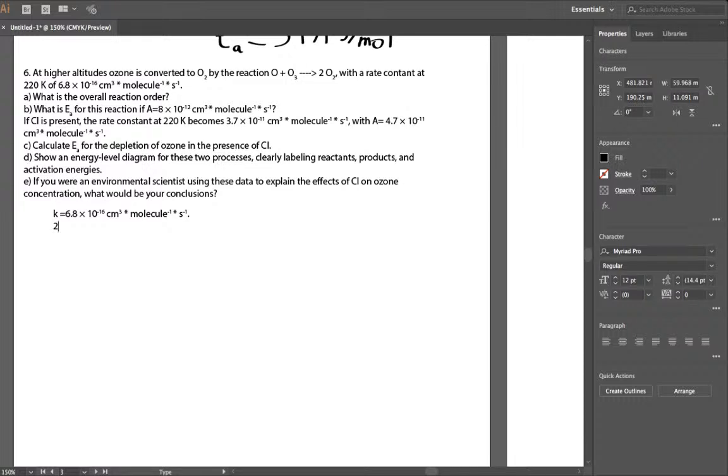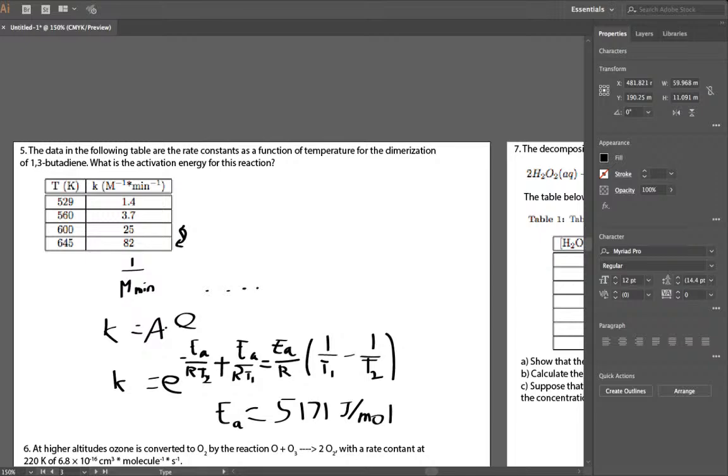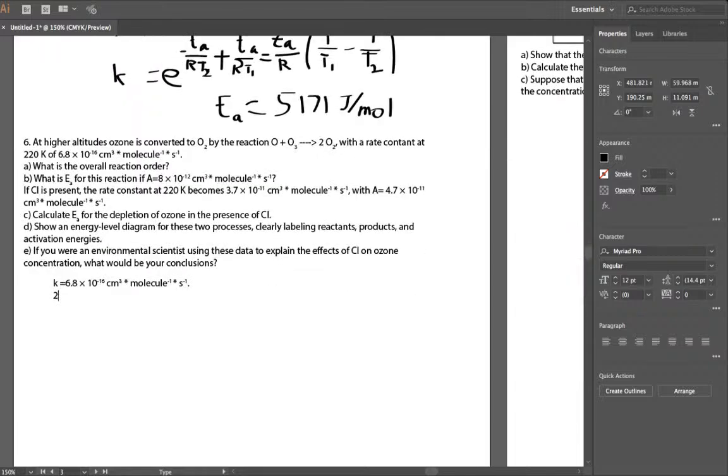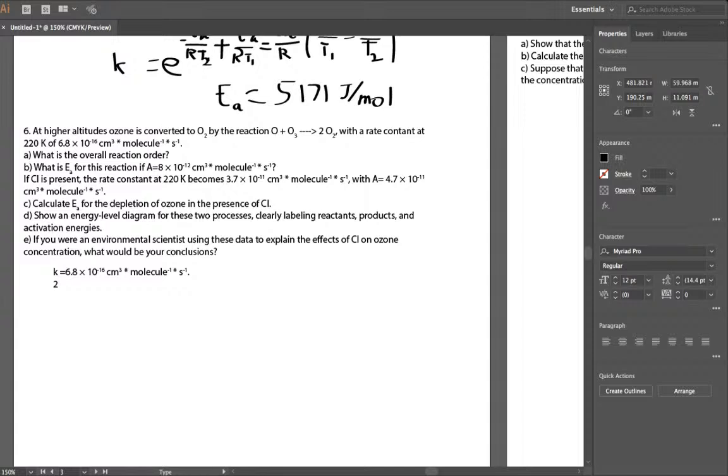The fact is that for the K of the overall reaction of a second order, the units would always be 1 over Ms. For first order that would be 1 over s, and for second order that would be 1 over Ms. And if I should just finish this, oh yeah, I did. Good. So we have discovered that it's 2.